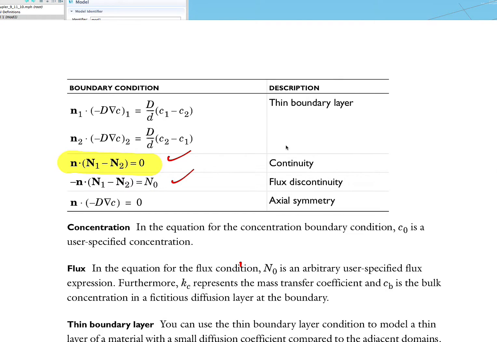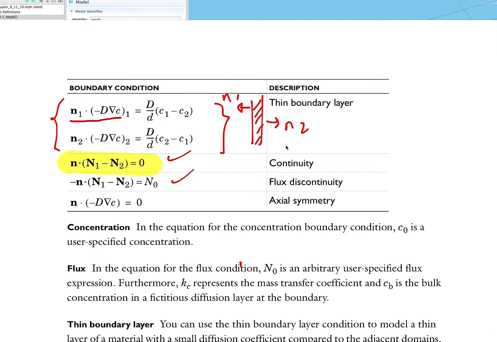If you have a thin boundary layer, for example, then you cannot mesh it, which is very important in some cases because the meshing can become a problem. It's very thin, so we can eliminate that region and make it a thin boundary layer, and we apply the conditions. So if it is a very thin layer, you have N1 here and N2 here, and then the layer is right here.